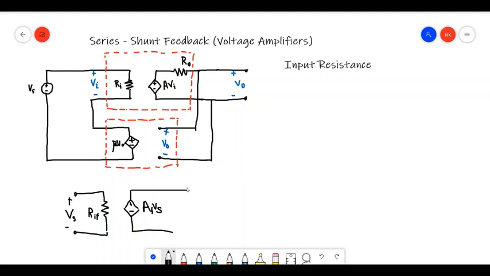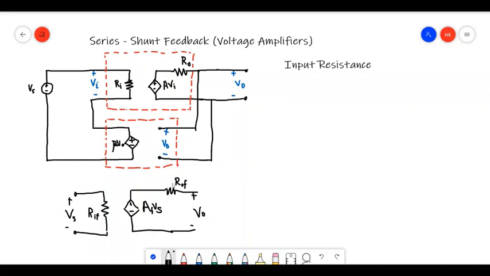and here we have the output resistance of the closed loop system, ROF, right? This is the output voltage, so we need to calculate the input resistance, closed loop gain, and also the output resistance in a feedback system, right?